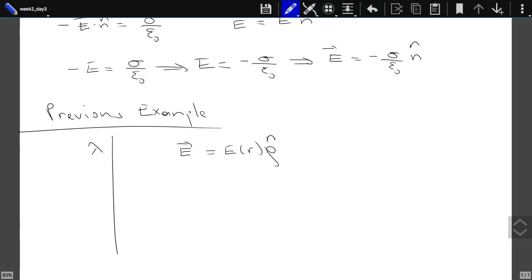This is our additional input. This plus the Gauss law allowed us to find that this E of r is nothing but 1 over 2 pi epsilon 0 lambda over r. Not just the Gauss law, this additional input plus the Gauss law allowed us to do that.